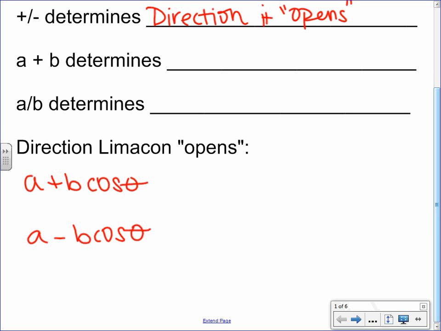Either to the right or to the left. Now they're going to be on both sides of the pole, but a majority of the graph is going to be on one side or the other. So if we have addition, where is the majority of our graph? On the right. If we have subtraction, a majority of the graph is left.